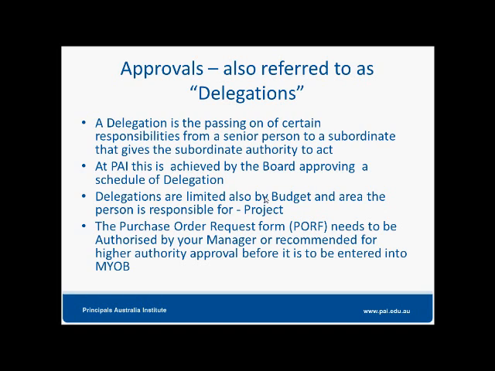Similarly, if they don't have a budget for that item of expenditure, that nature or type of expense, then they shouldn't be approving it. The purchase order request form needs to be authorised by your manager, or recommended by the manager to a higher authority for approval, before it's entered into MYOB as a purchase order.